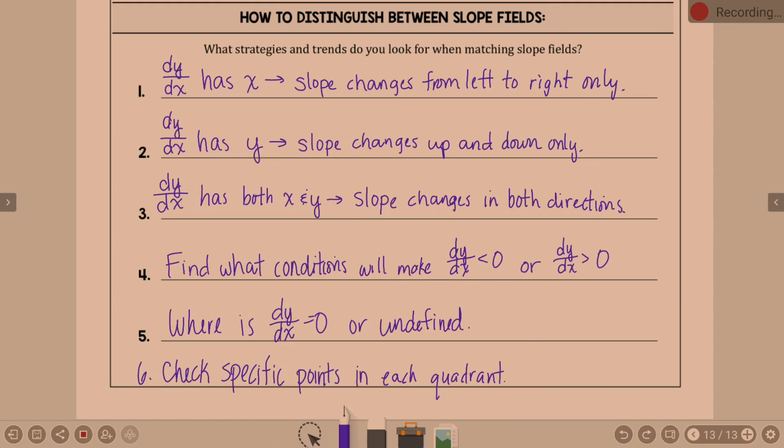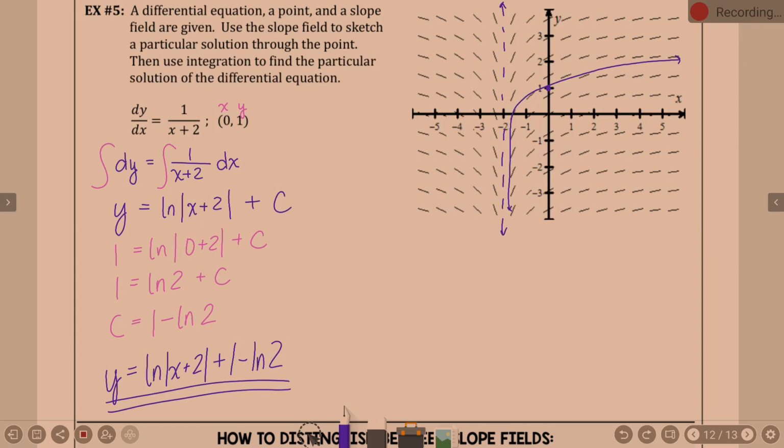So, see what you can do with these. You've got another matching section. On 7 through 12, you're basically doing what I just did here, where you are moving the dx over.